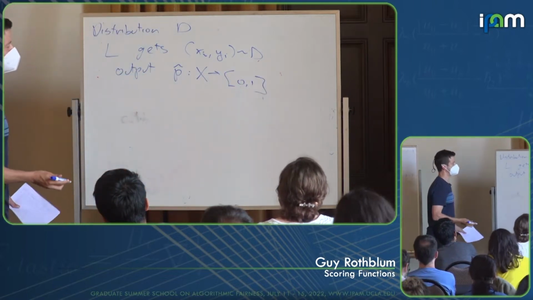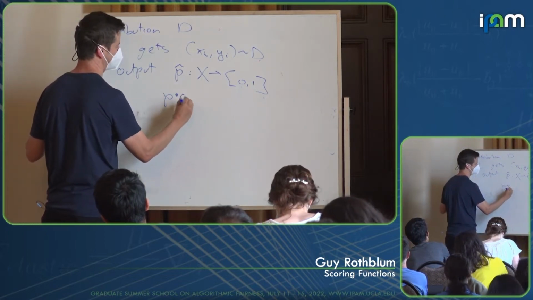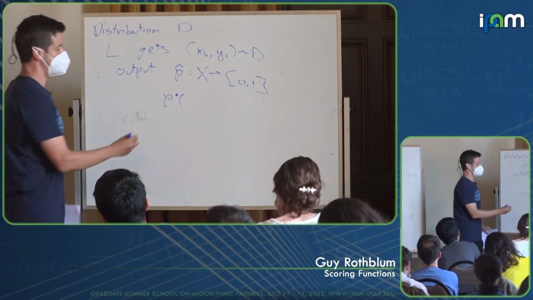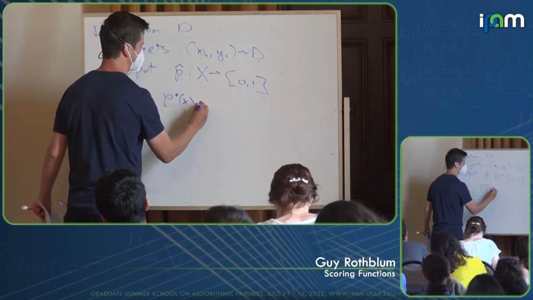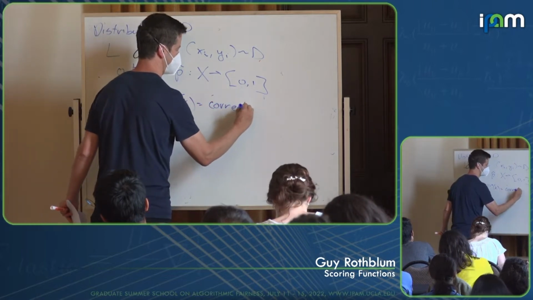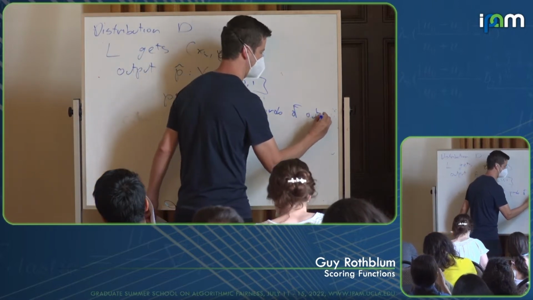And in the back of our heads, we have this unobtainable P star, which is defined as the correct probability. Okay, so P star of X is the correct probability of the outcome being 1.